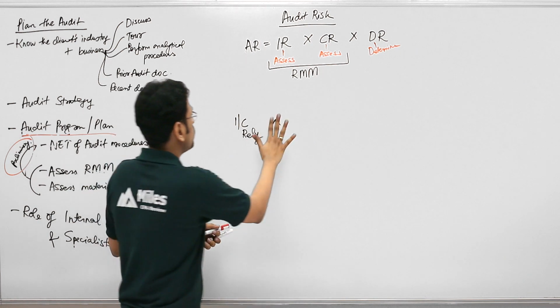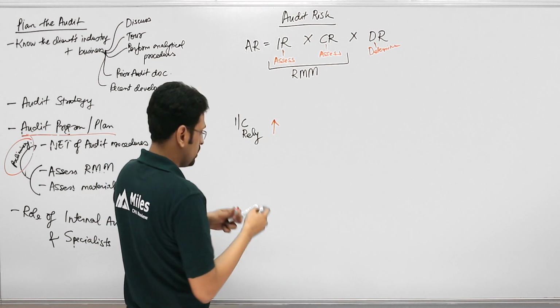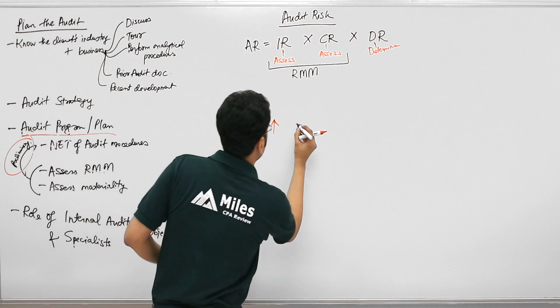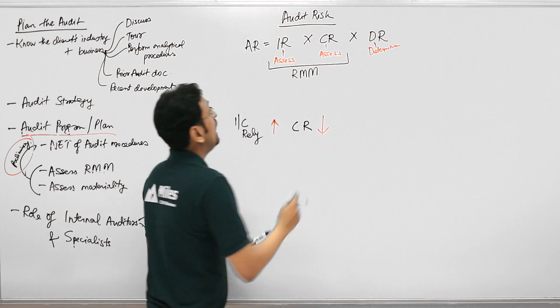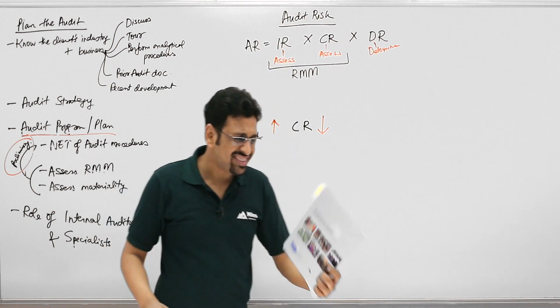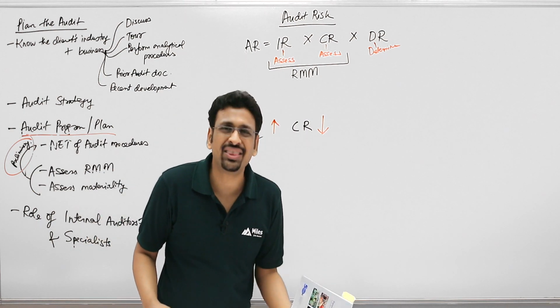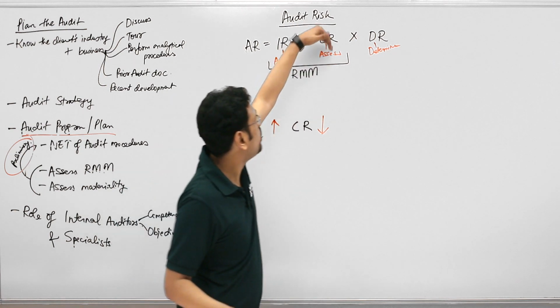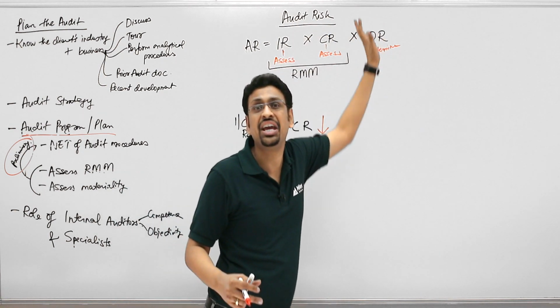So if internal controls are strong, then control risk is low. If control risk is low, that means the client's internal controls are so strong. Do you really want to put a lot of audit work there? You would say control risk is low. How about I afford a higher detection risk?